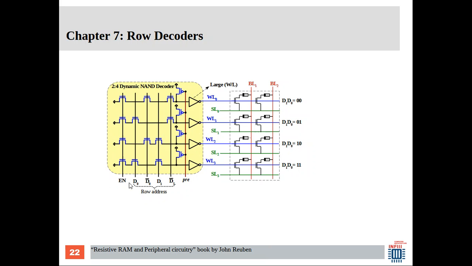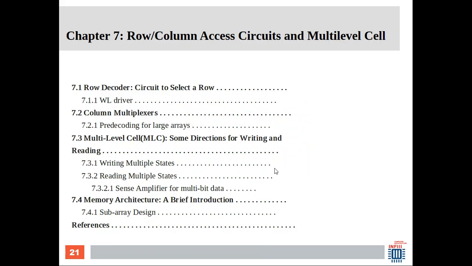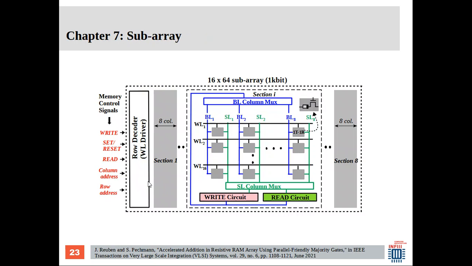How one type of decoder is an AND decoder, and how it's used to select the row, and then how pre-decoding is done for large arrays, column multiplexers, and how you could write multiple states, and how do you read multiple states, that is more than two states. How do you read them? Sense amplifier for it, and a little bit into how all these things are put together.